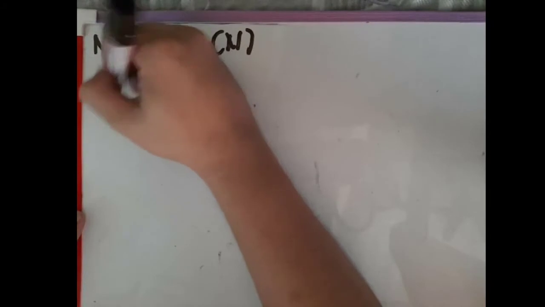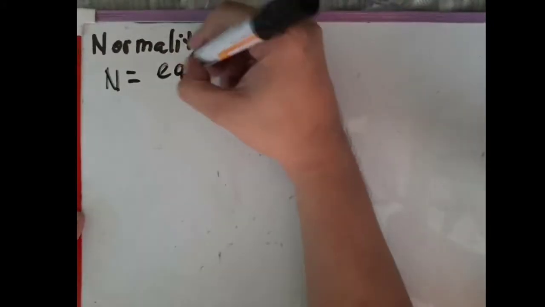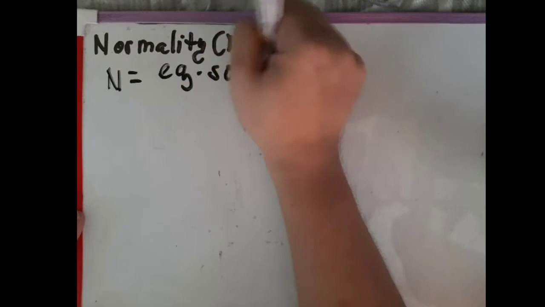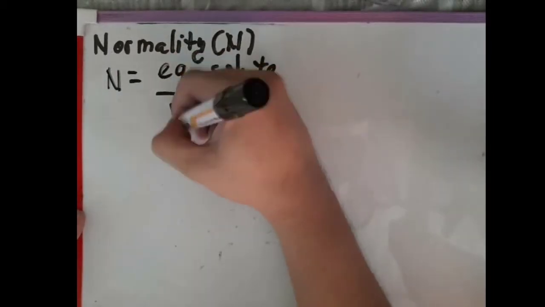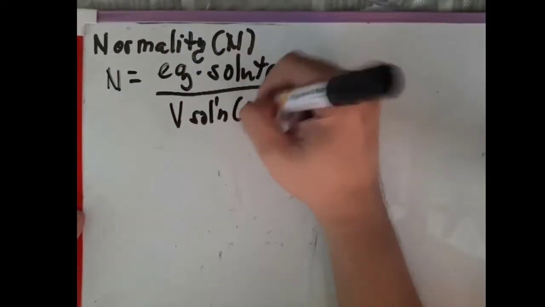So now we will introduce another unit of expression, which is normality. Normality is a bit tricky to use, thus it is not commonly known. It is not as famous as molarity as a unit of expression, but nonetheless it has proven useful, especially when you're doing routine work in chemistry. Normality is equal to the equivalents of solute over the volume of the solution in liters.